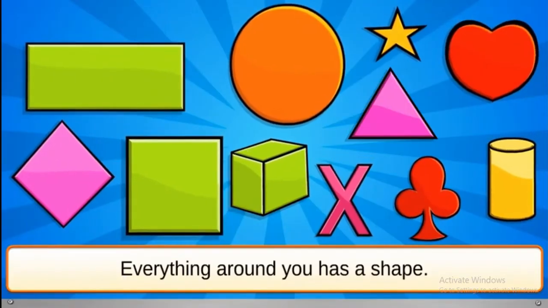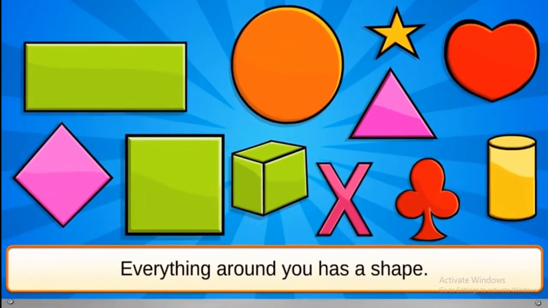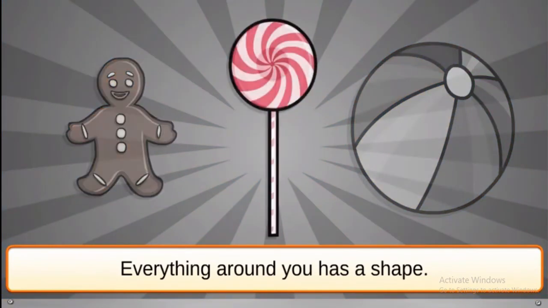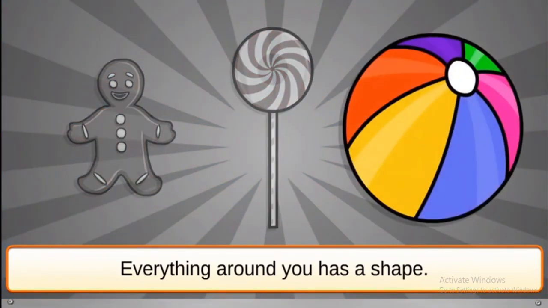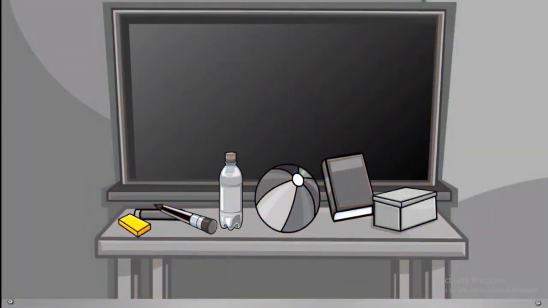It is always fun to look at various shapes. You can see shapes everywhere around you. Your cookies, your candies, your toys. Look at the pencil, book, eraser, bottle, blackboard, ball or box. They all have some shape.